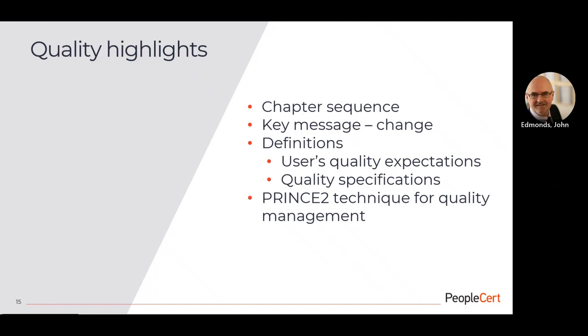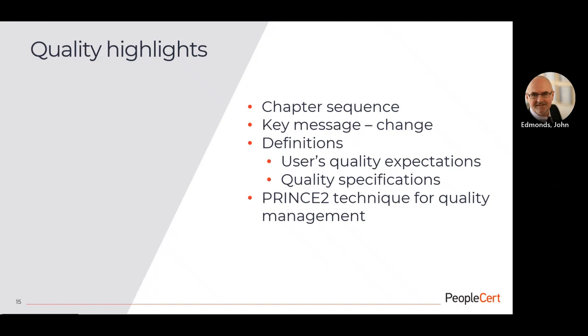The chapter still has quite a few definitions, and there's a couple of new ones that have been brought in. Instead of customer quality expectations, we talk about users quality expectations to reinforce the links with the business, user and supplier 3 stakeholder group categories.